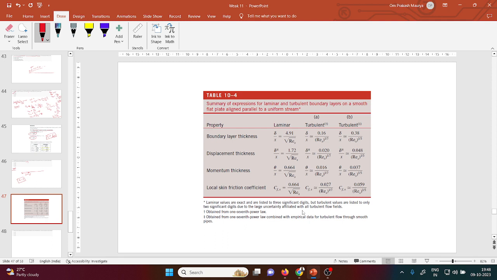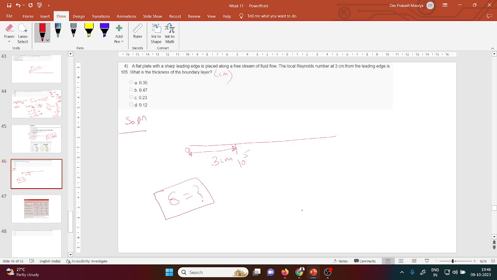By the way, in this problem we'll use this formula: boundary layer thickness for laminar flow. Yes, sir, I did the same thing. If you use this formula, there's some problem with the calculation.